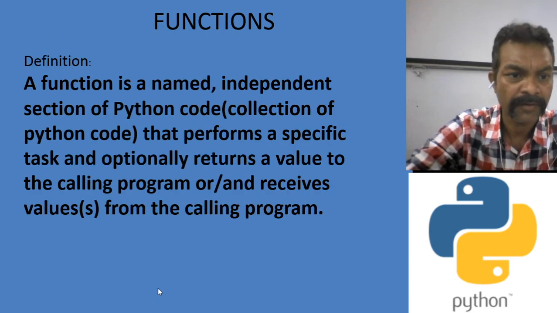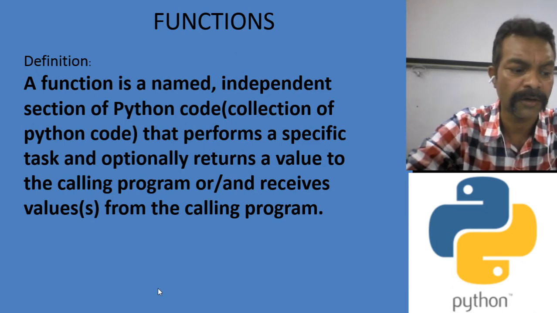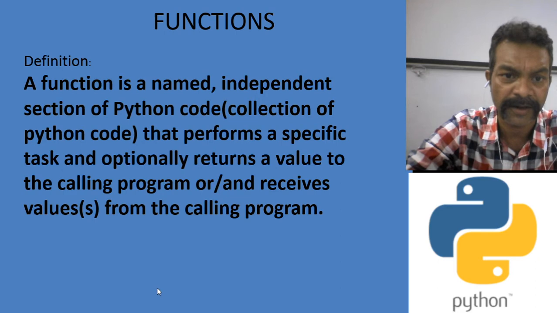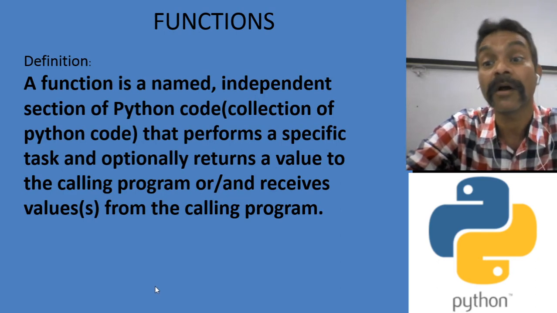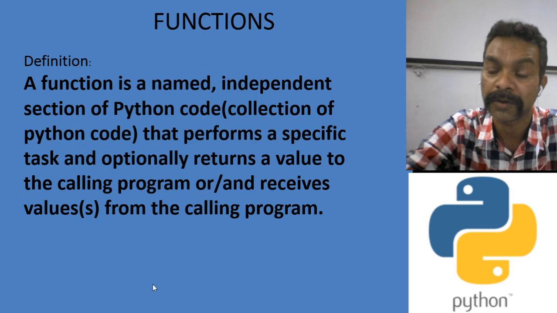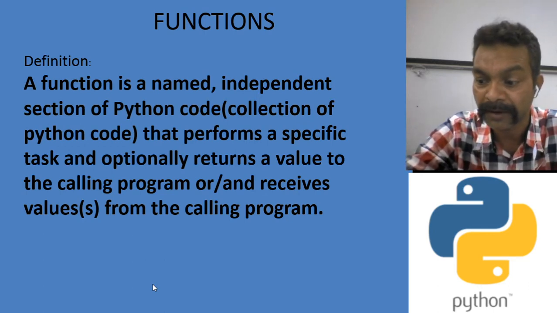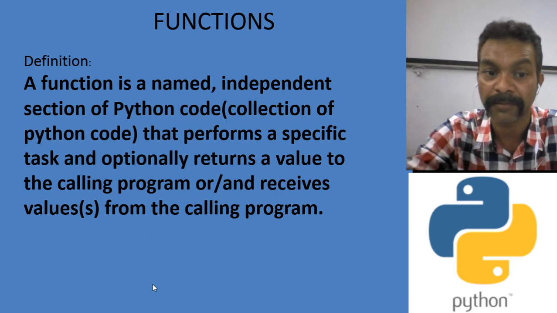Once again we will recall the definition of a function, because now we are going to learn the user defined function. That is why it is very important to know the definition of the function. A function is a named independent section of Python code. What is a function? Function is a collection of Python code, but it is an independent, separate entity within the program.